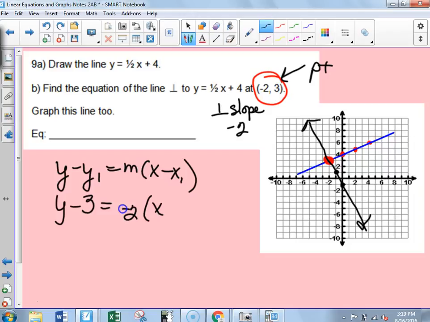I hate when that happens, because then when you look back at your notes, you're just like, where did you get that number? Okay, the slope of -2 is here, and then this -2 is here, which will make this a +2. You could stop there if it didn't specify. That is an equation, isn't it, of the line through that point?